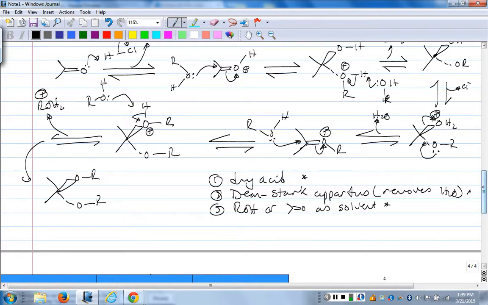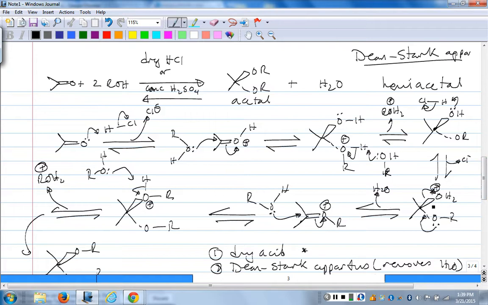So what would have happened here is I would have deprotonated the OH to make the hemiacetal. Then I would have protonated the OR to make that species. The OH group, the electrons would have come in, kicked out the alcohol to make the conjugate acid of the ketone, and then a base would have come in, pulled off the proton, and given rise to the carbonyl.